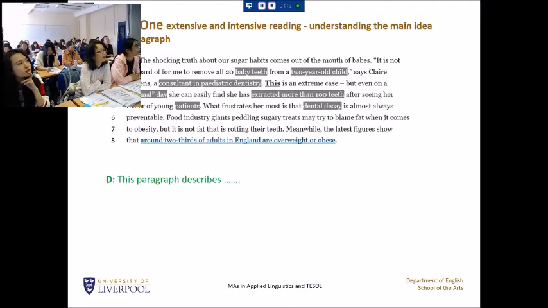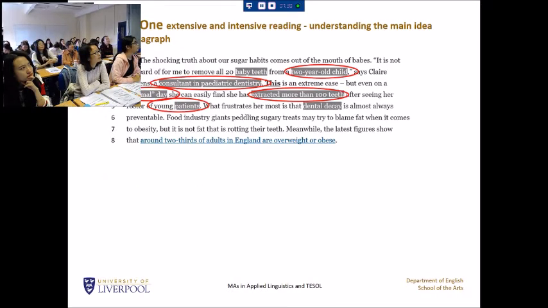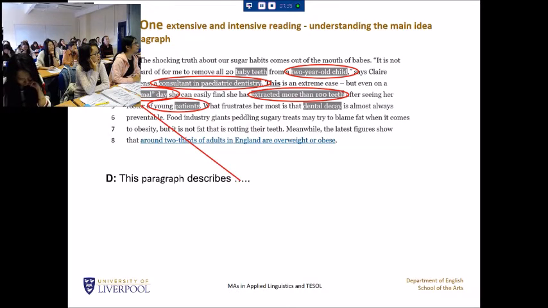Let's suppose it's that one for now. The paragraph describes normal day. But we can't use normal day because otherwise it will be repetition. So we need a synonym for that.